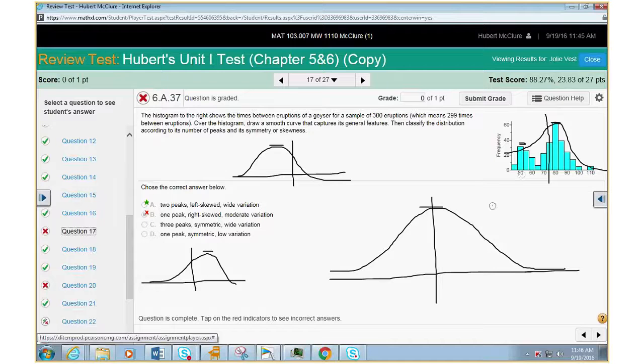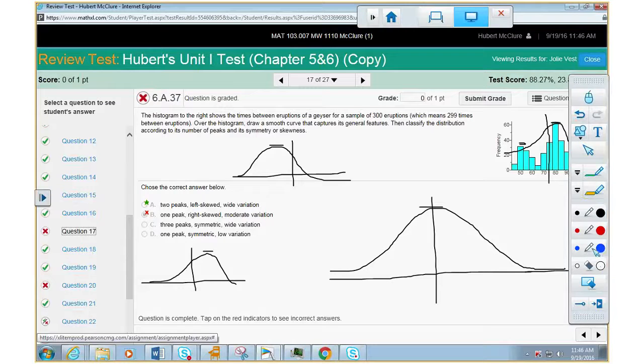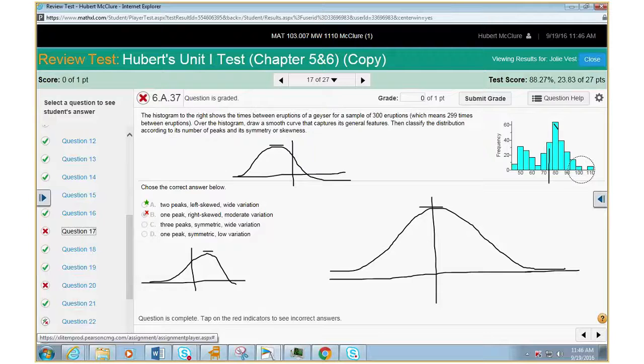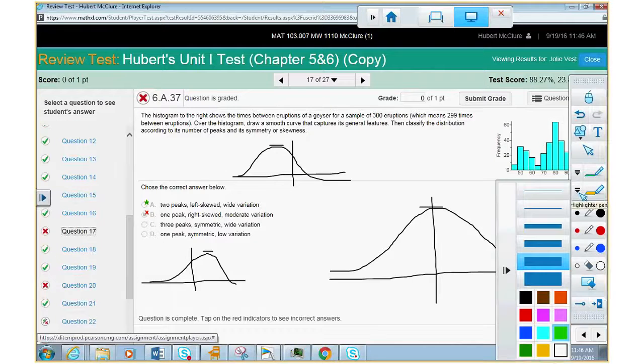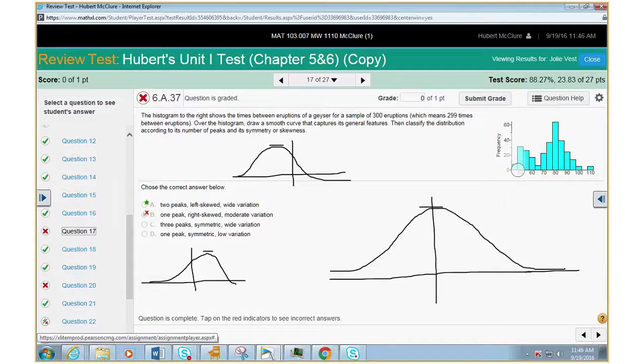The only normal you're going to see is when you got this. I'll show you. Here's what normal will look like. Take my handy dandy whiteboard. That's what a normal will look like. It'll look something like that. In other words, if you see 2 peaks, it's not normal.